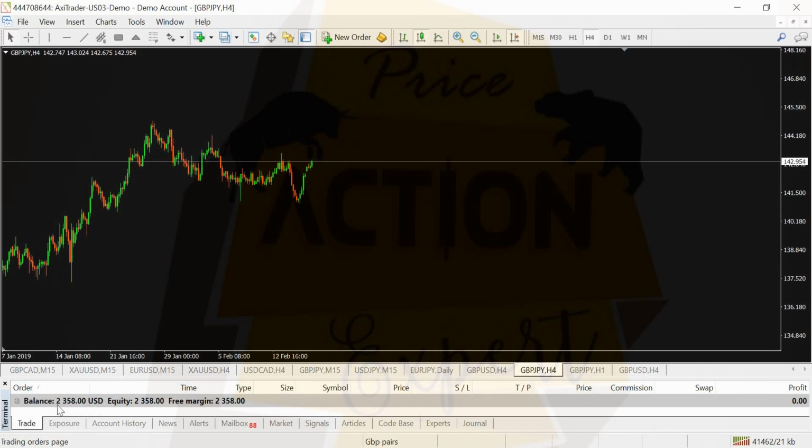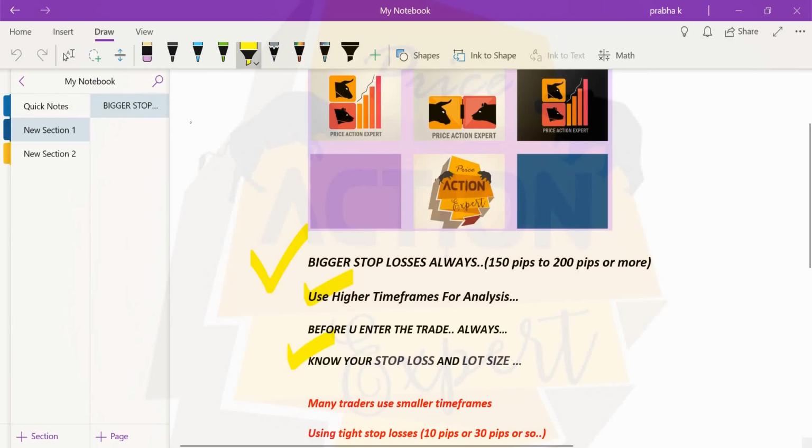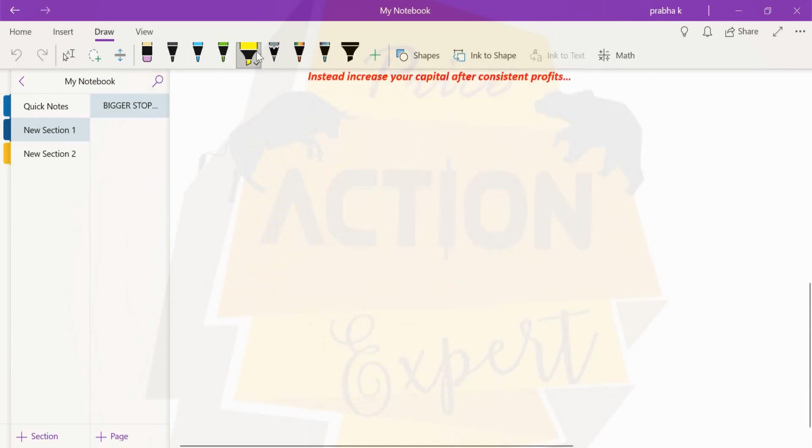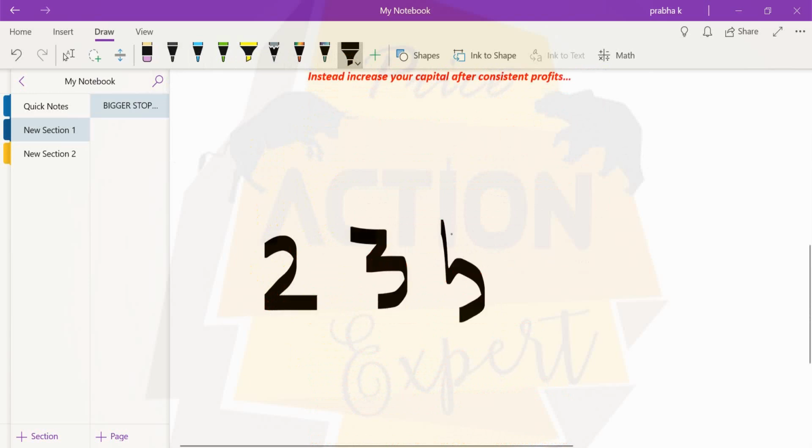The 10% is $235.8 actually. The 1% risk would be 23.58. So what I'm saying is 2358.